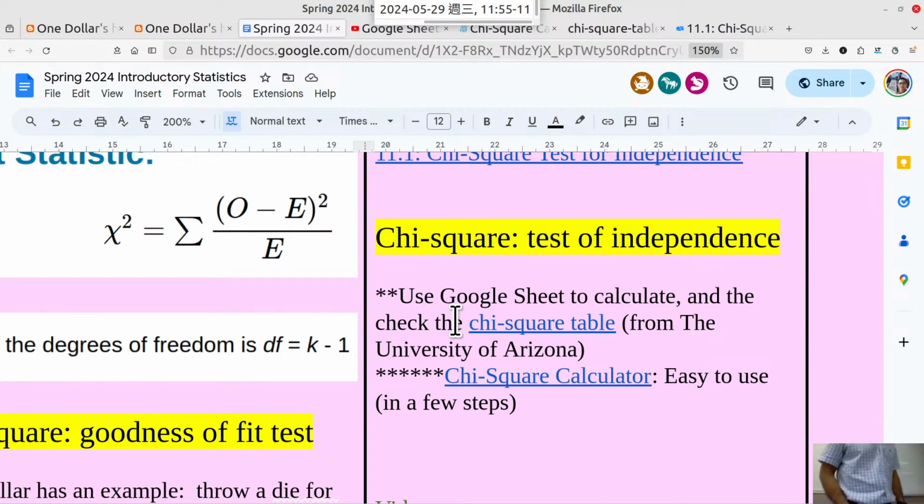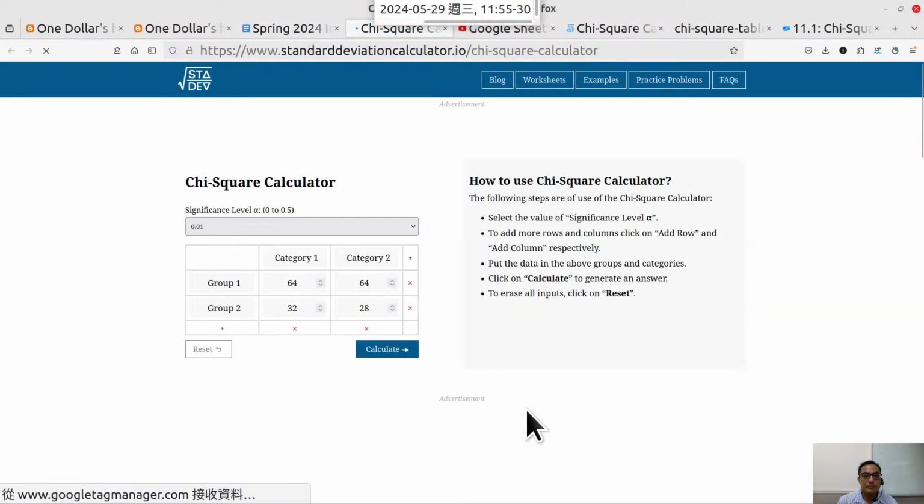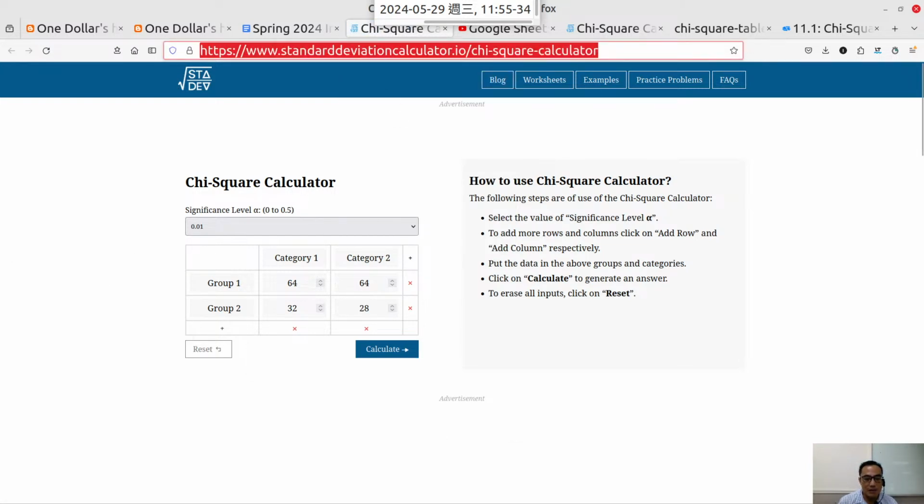Okay, let me give you a powerful tool. Please check this website, chi-square calculator. Chi-square calculator. Click it. You can check my syllabus. It looks like this. Okay, let me give you the website on our line group.